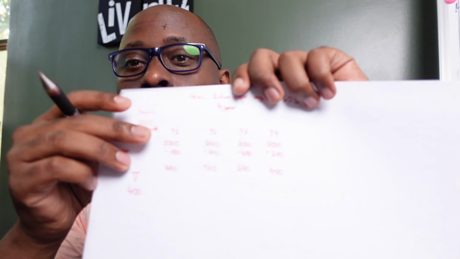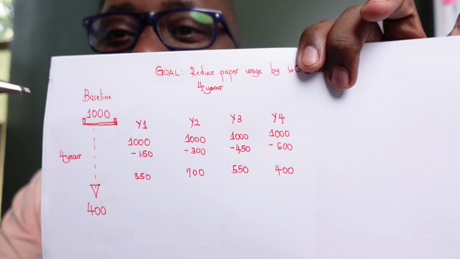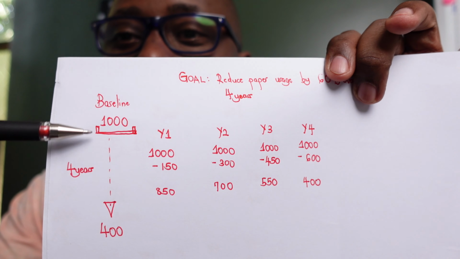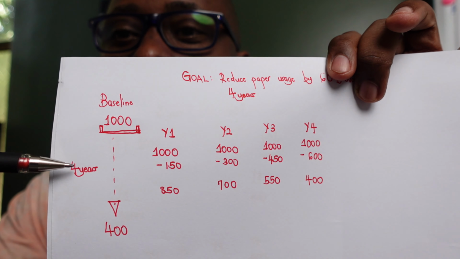So then the question becomes, what initiatives are you going to undertake to make this dream a reality? I've already mapped that out and this is what it looks like. We are coming from 1,000 to 400 over a period of 4 years.